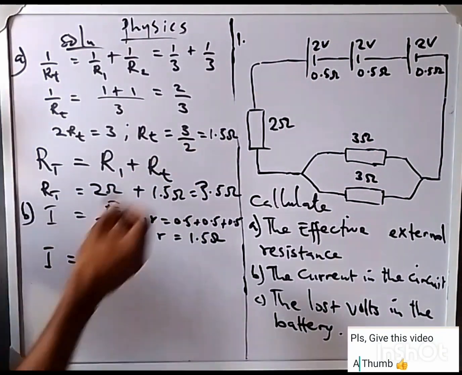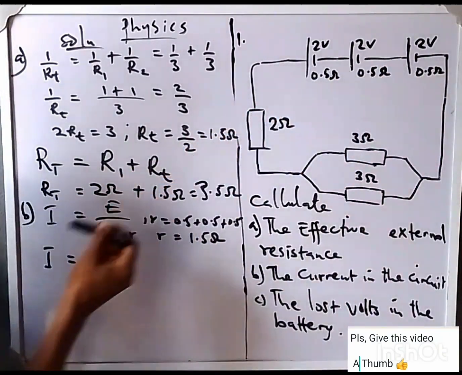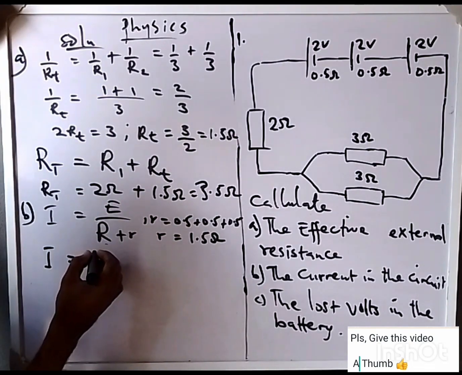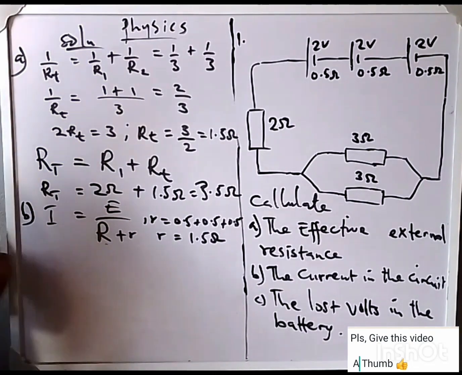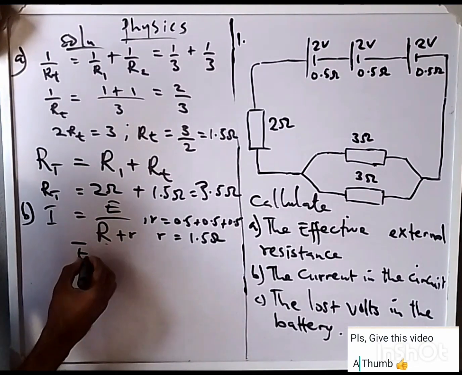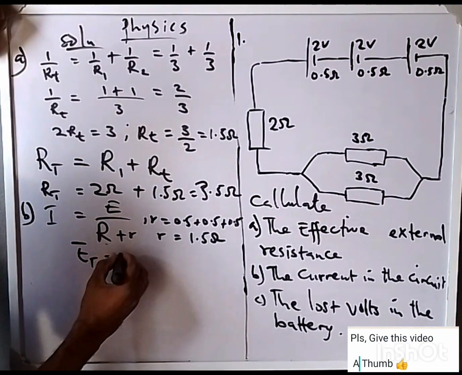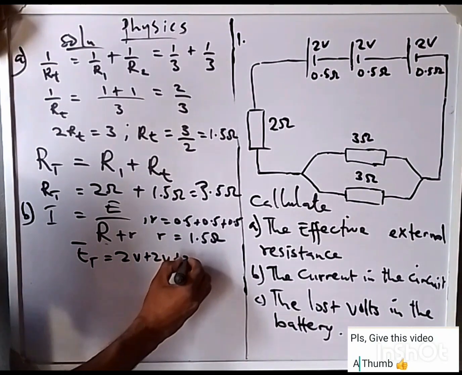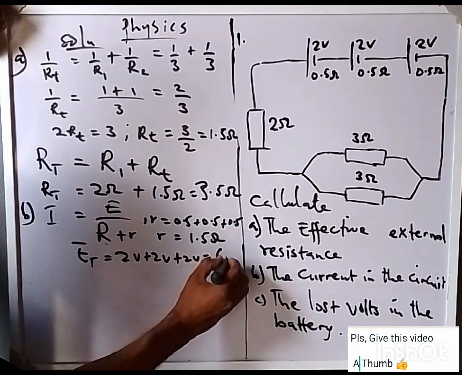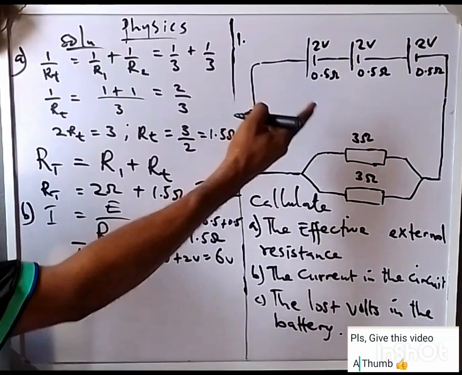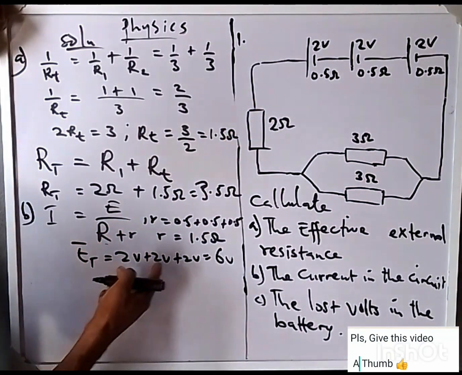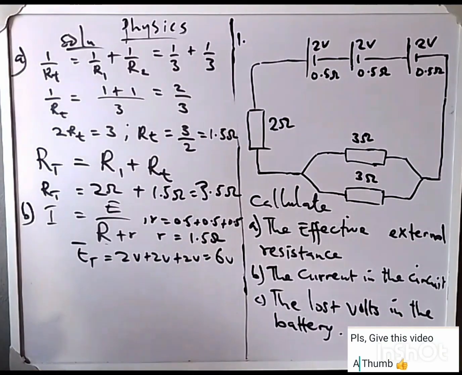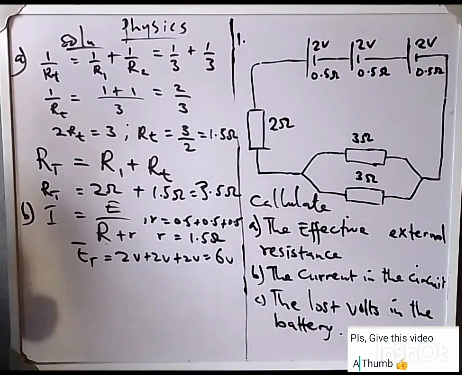And interestingly, the cells are connected in series. So therefore, let me put it this way, ET is equal to 2 volts plus 2 volts plus 2 volts, which is equal to 6 volts. Because the cells are in series, the total E.m.f of the cells will be the addition of their values.